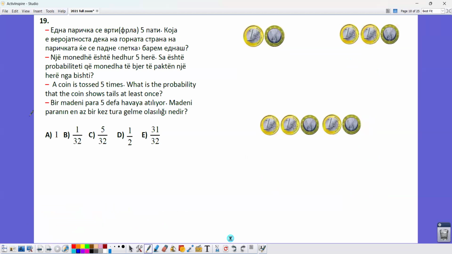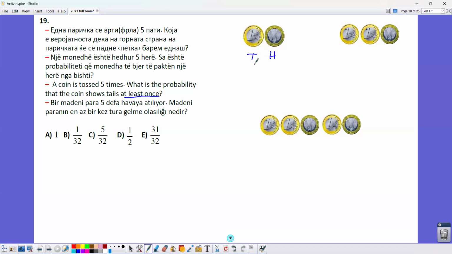We're coming to the 19th one. It says that a coin is tossed 5 times. What is the probability that the coin shows tails at least once? So when we are tossing a coin, we have two options: we have head or we have tail.